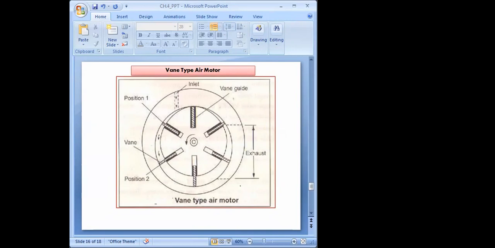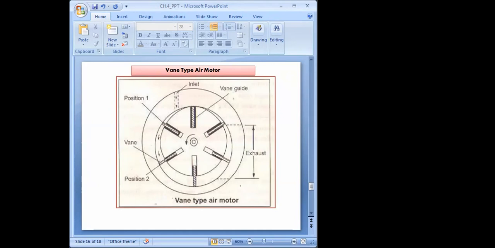They transfer your air power, that means the pressure energy, into rotary motion. These pneumatic motors are known for very high rotational speed. As I mentioned, you will get 10,000 rpm, that much high rotational speed, through this air motor, and even more than that is possible.